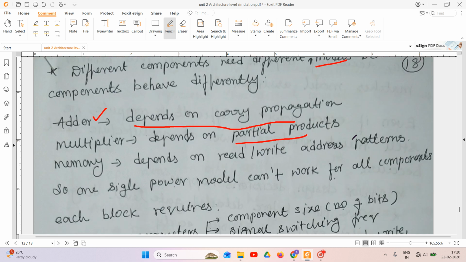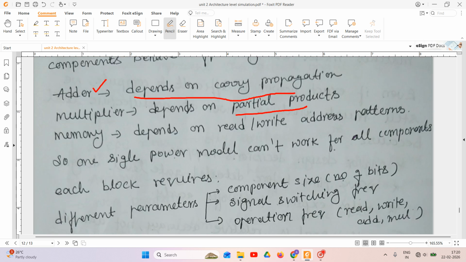If we use a single power model for different types of components, what happens? I will get an erroneous result. I won't get the exact actual result, so it will not match our real time result.